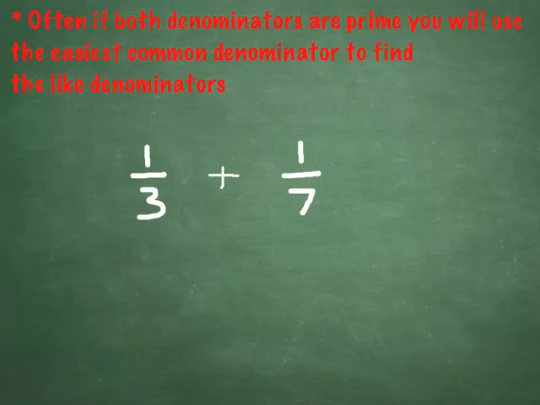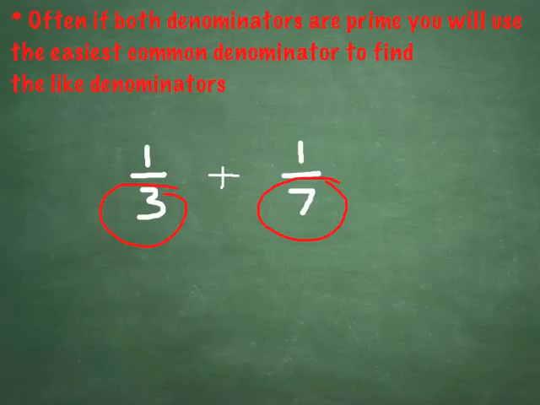Okay, so just some guidelines when we're trying to find like denominators. Often, if both denominators are prime, you'll use the easiest common denominator to find like denominators. So let's take a look at our denominators here, and we have a 3 and a 7.